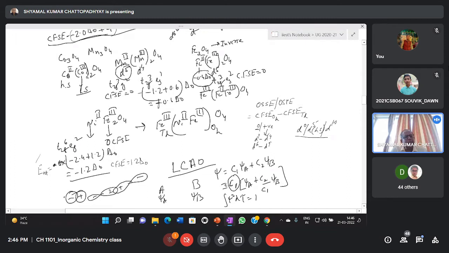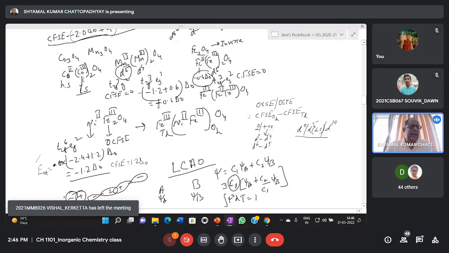So cobalt 3 being low spin, its CFSE is hugely higher than that of the cobalt 2, the high spin d7. So as a result, this compound will have again the normal spinel structure, because cobalt 3 has got higher crystal field stabilization energy than cobalt 2.